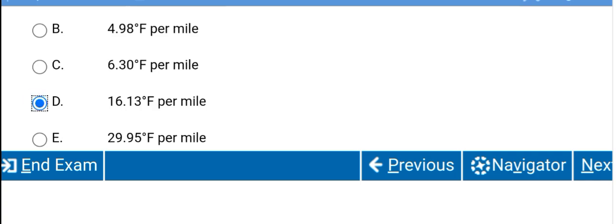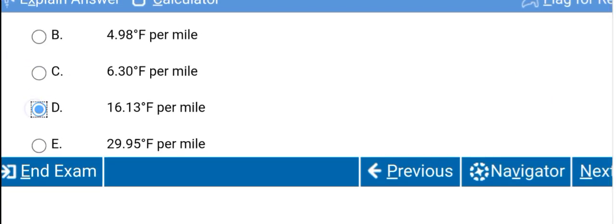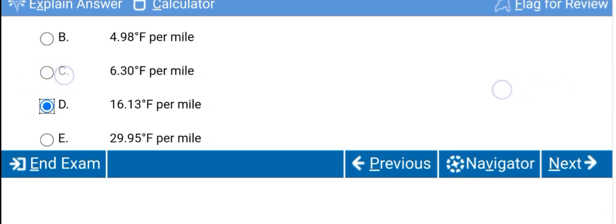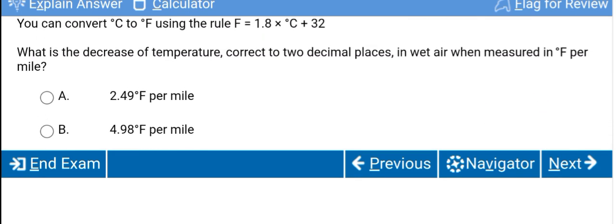So the correct option we have option D, 16.13 degree Fahrenheit per mile is the degrees of temperature. It is correct to 2 decimal places in wet air when measured in Fahrenheit per mile.